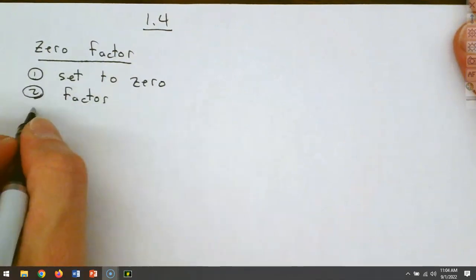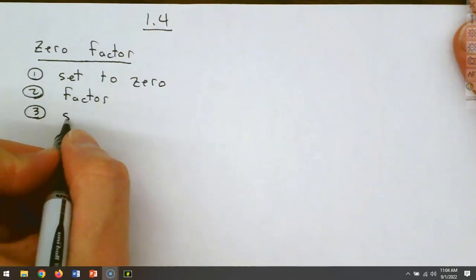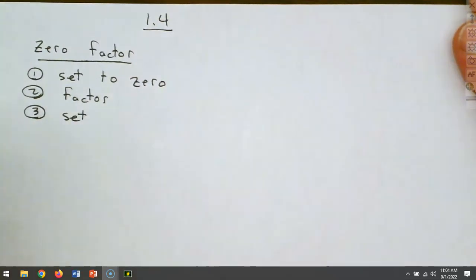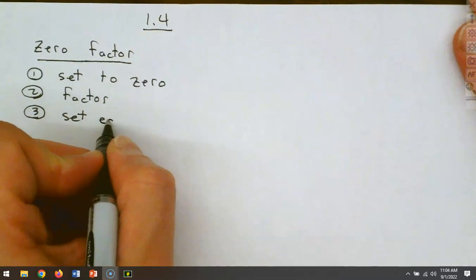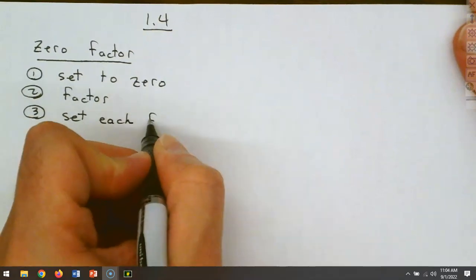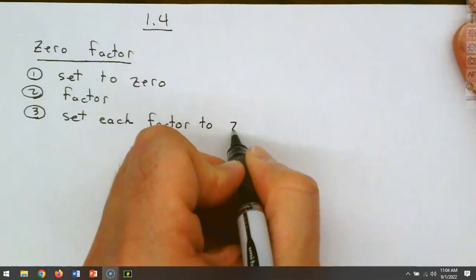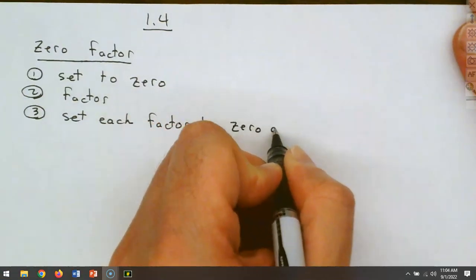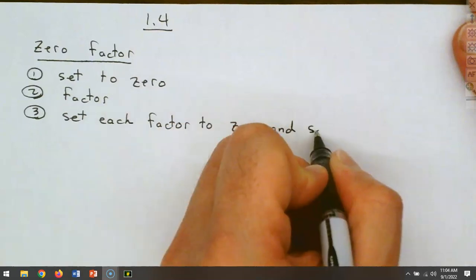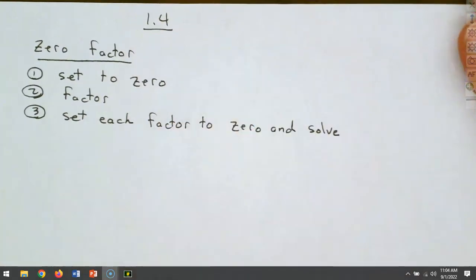And step number 3 is you set each factor to 0 and solve.